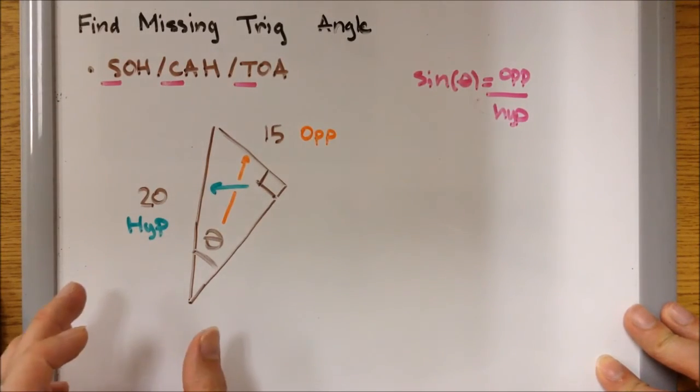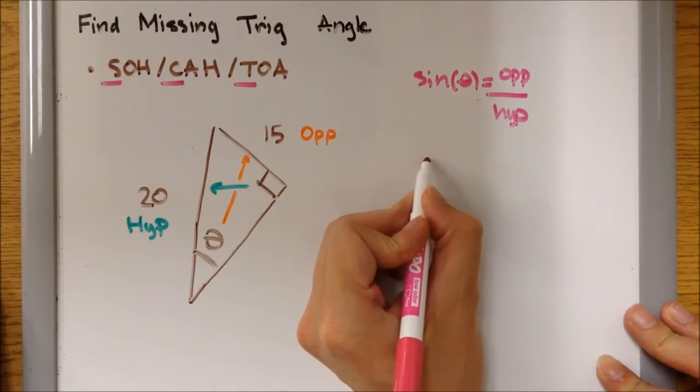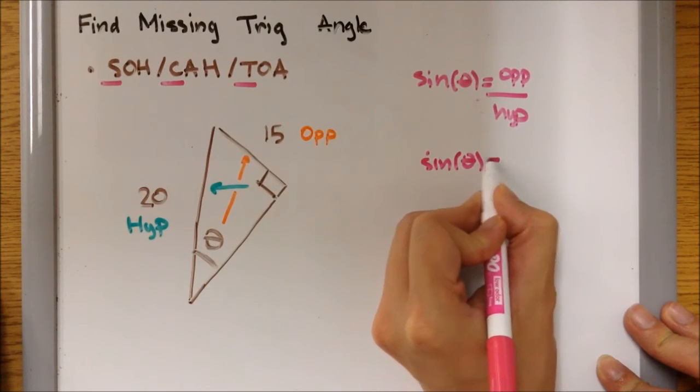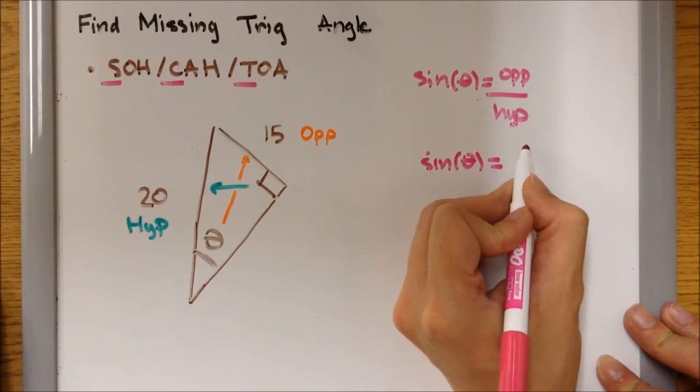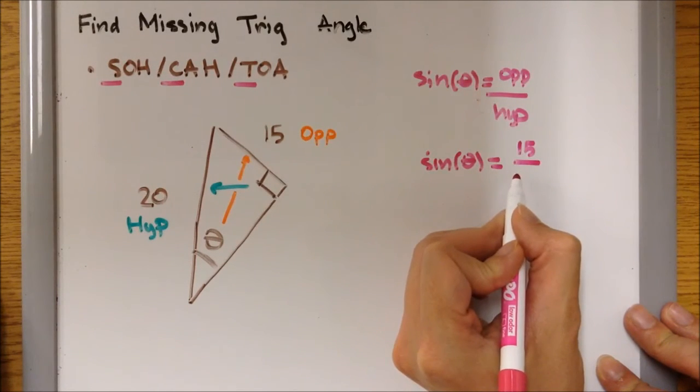Alright, so I'm going to plug in my opposite and my hypotenuse. So sine theta is equal to, my opposite is 15, so 15 will be on the top, and my hypotenuse is 20.